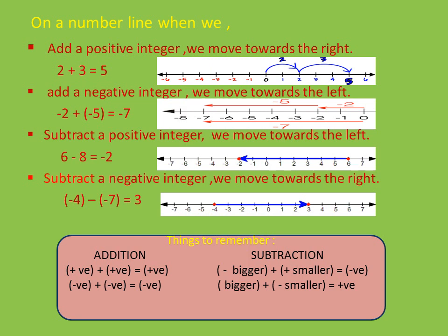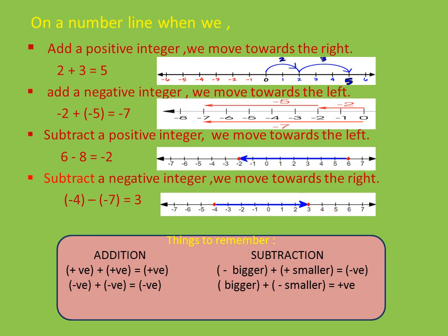Okay. Now in the second condition, if the two numbers have different signs like positive and negative, then subtract the two numbers and give the sign of the bigger number. As you can see here, if the bigger number is minus and the smaller number is plus, that is positive, then the sign the final number will get is negative.